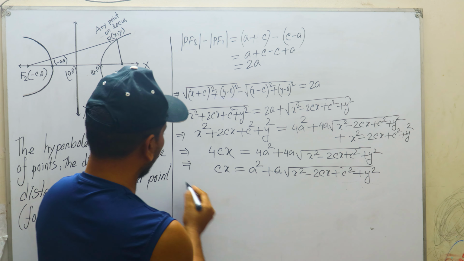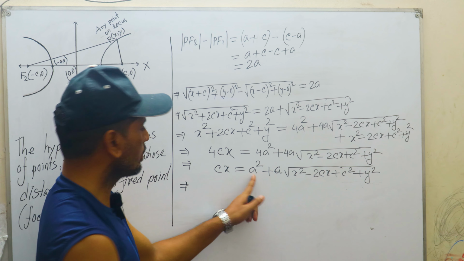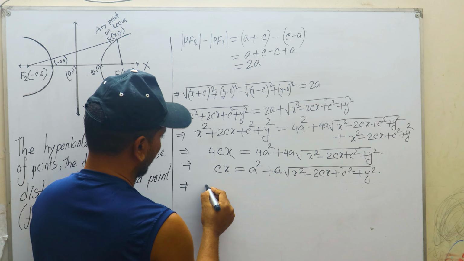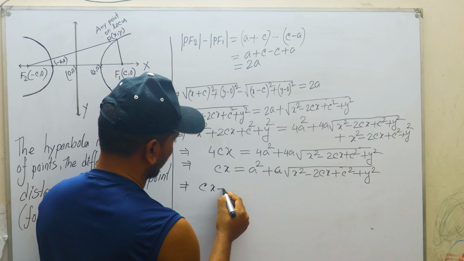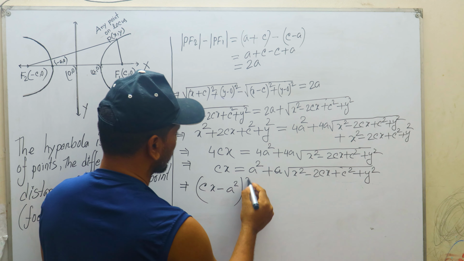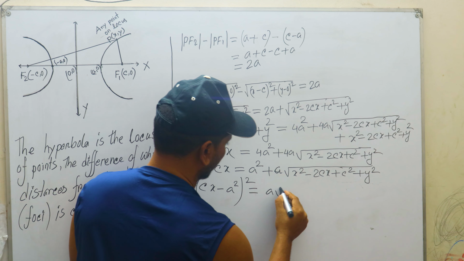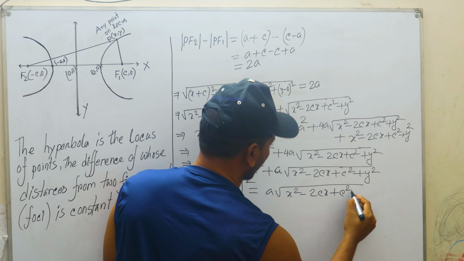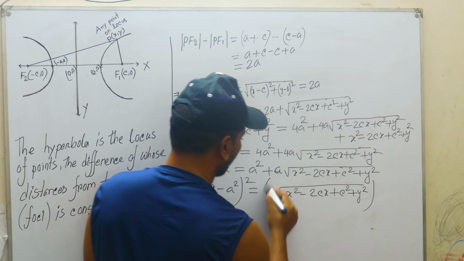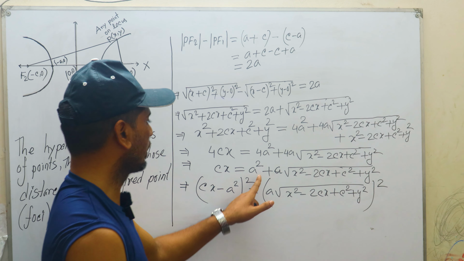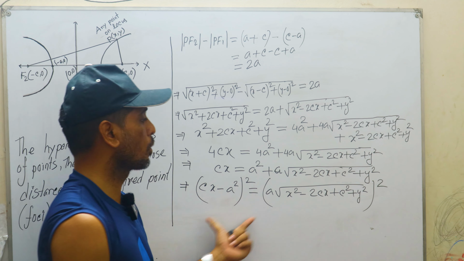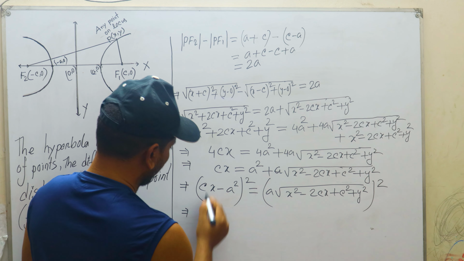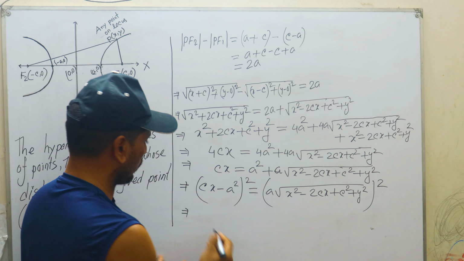Now I am going to move a square from the right side to the left side, and also square both sides. Squaring both sides, (x square minus 2cx plus c square plus y square) whole square. Moving a square to the left side and squaring both sides, it will be the (a minus b) whole square formula.